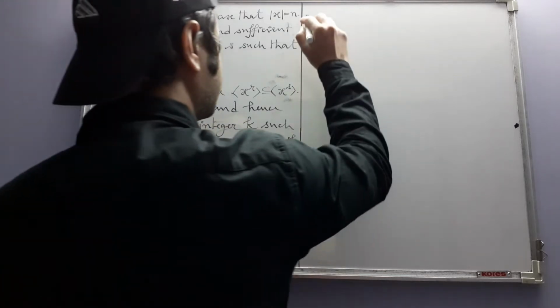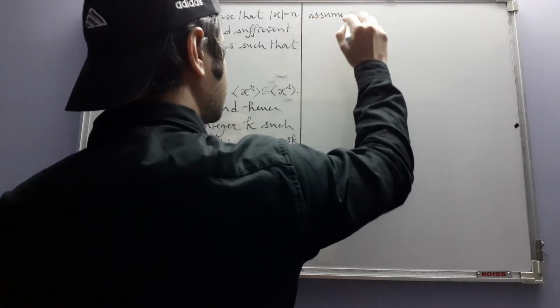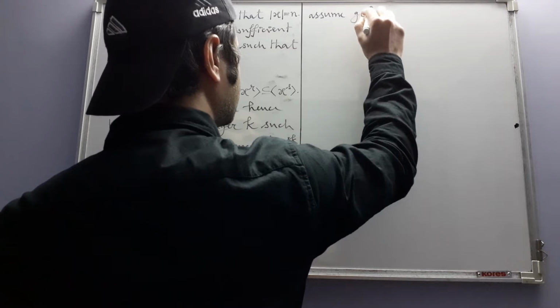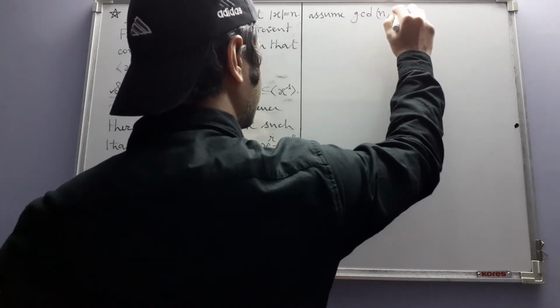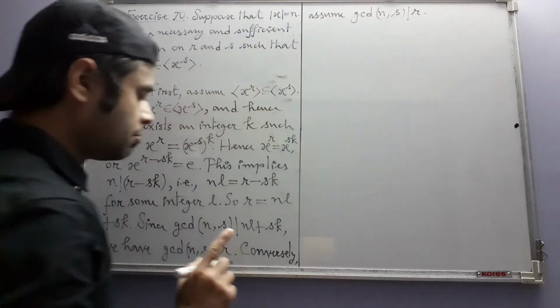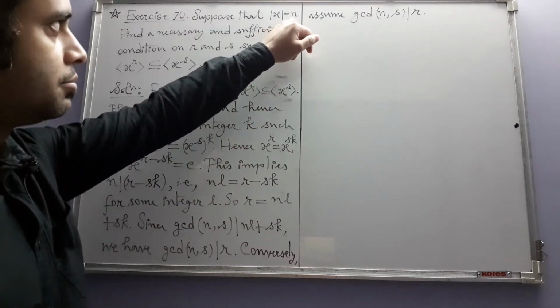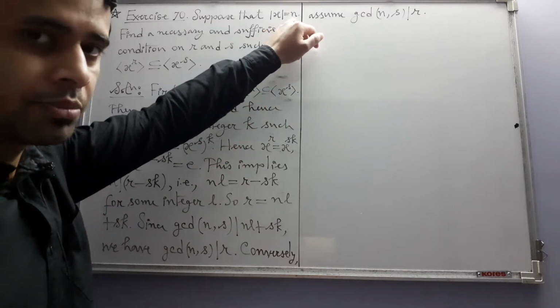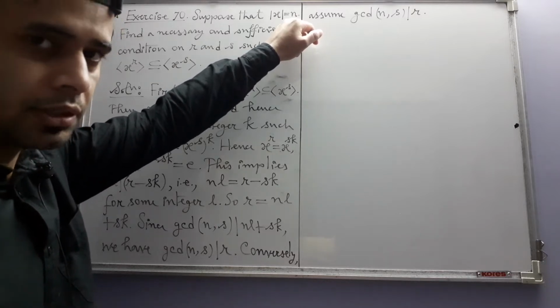Conversely, assume that the greatest common divisor of n and s divides r. Note one more thing, that because n is the order of some element, n is by definition a positive integer.